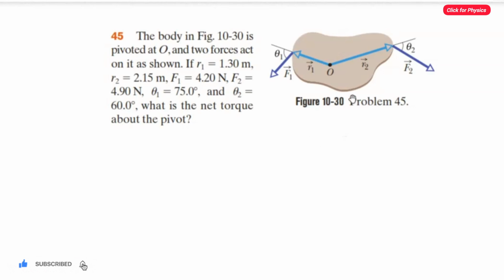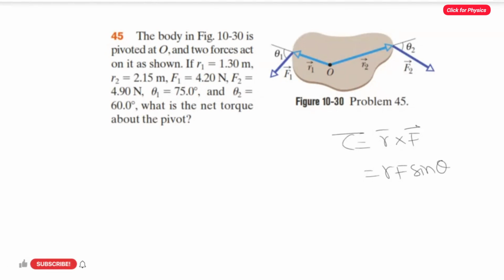So here it's one of the easiest questions. You can see all the values are given and we are going to apply the rule for the torque. In theory, we studied the rule for the torque. What is the formula for the torque? The torque tau is equal to R cross F, which is equal to RF sine theta.